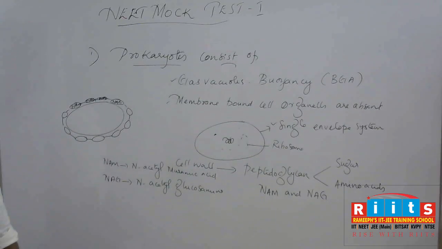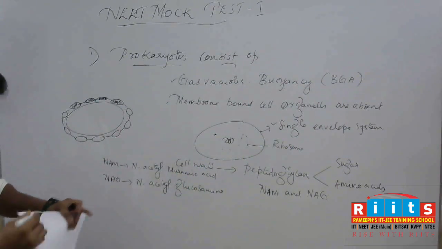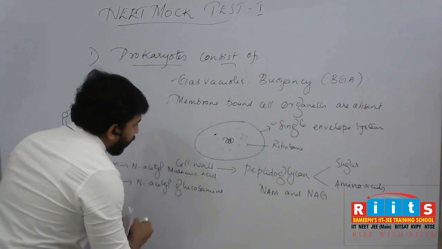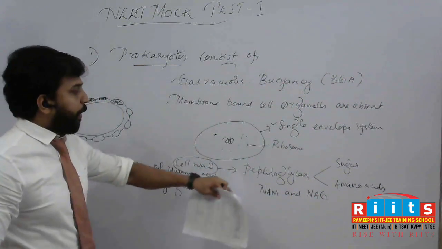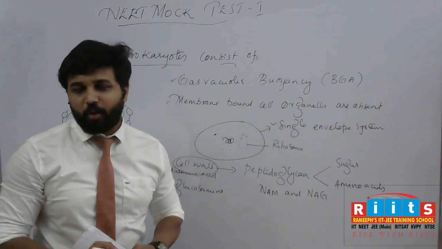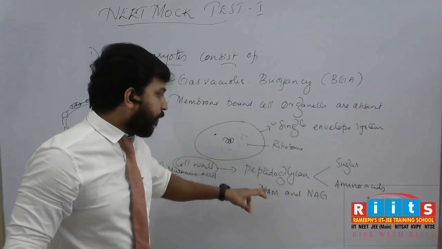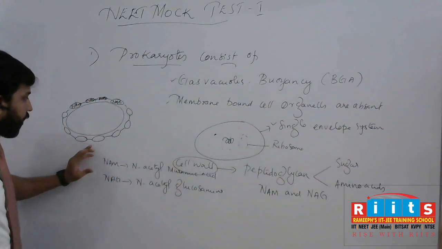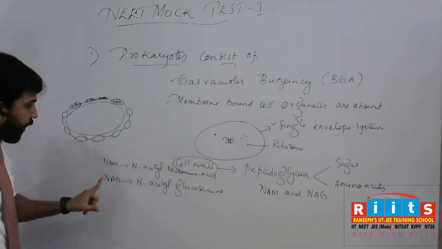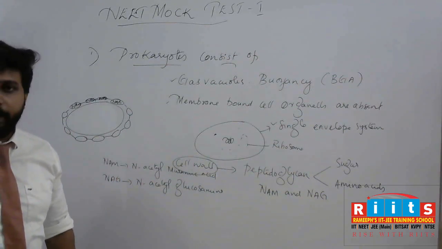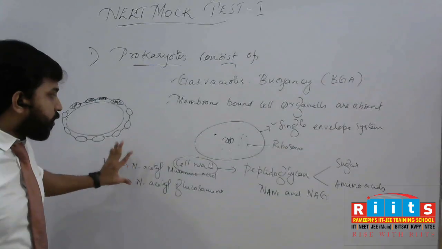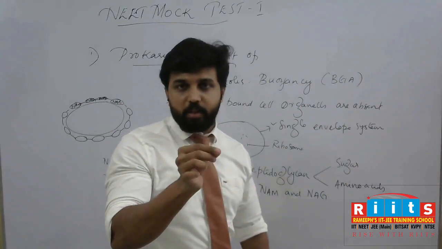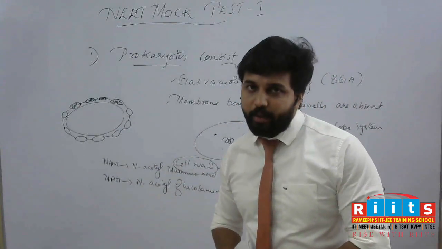So in prokaryotes the cell wall is purely composed of peptidoglycan, sometimes called murein, made up of NAM and NAG, composed of sugar and amino acid residues. These are the two things present in the cell wall of bacteria. And another important question that was already asked in our NEET entrance examination.